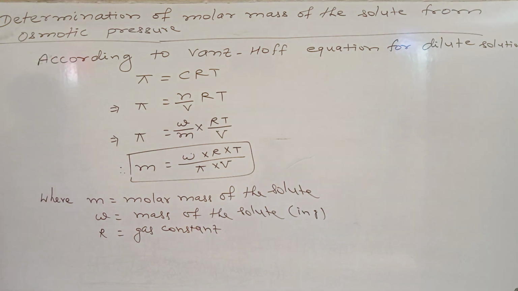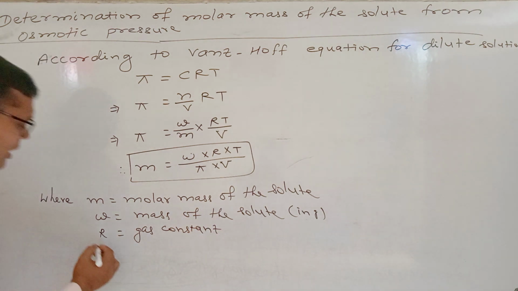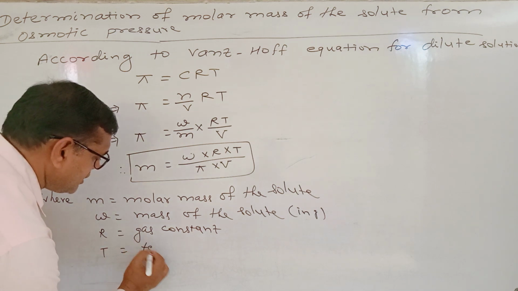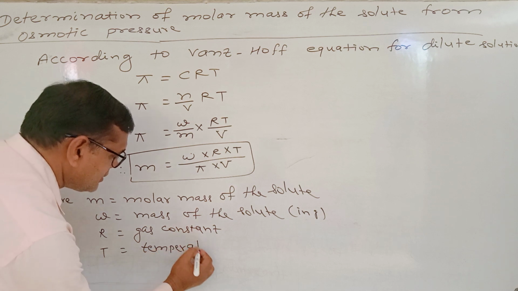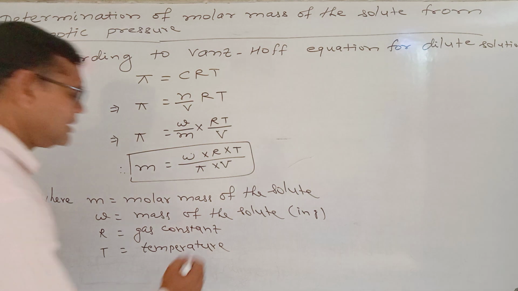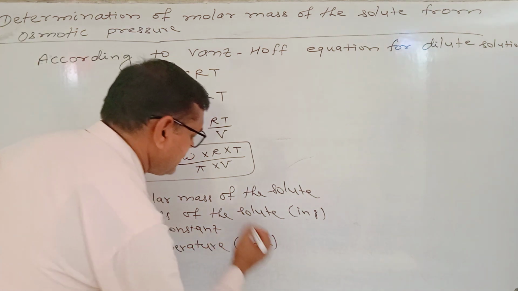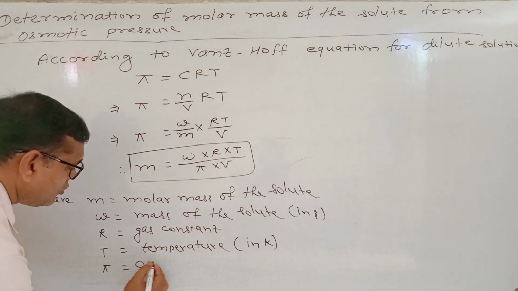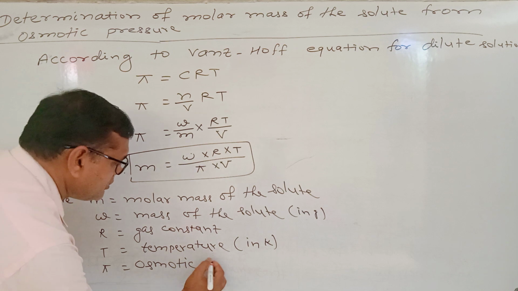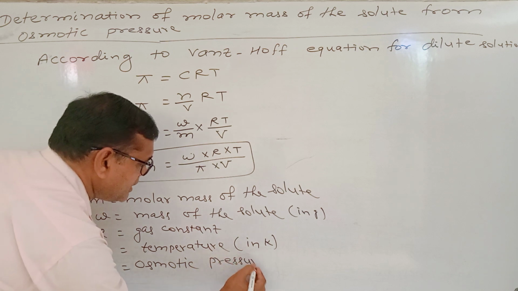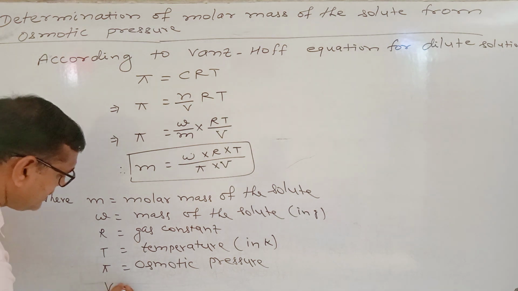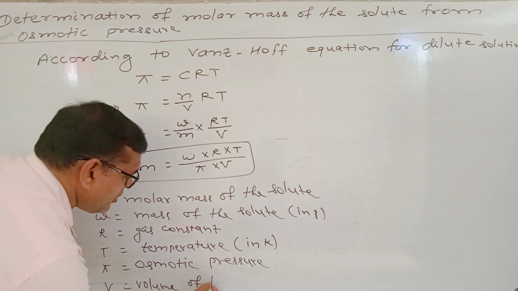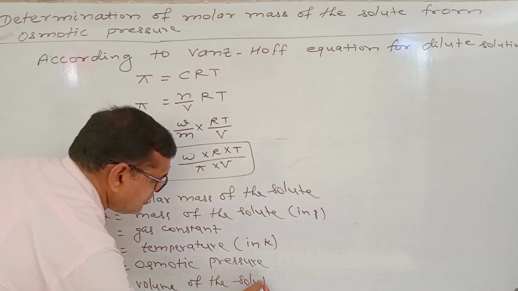It is also called solution constant. T is equal to temperature in Kelvin. Pi is equal to osmotic pressure. V is equal to volume of the solution.